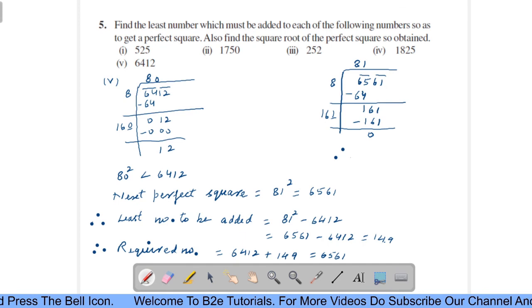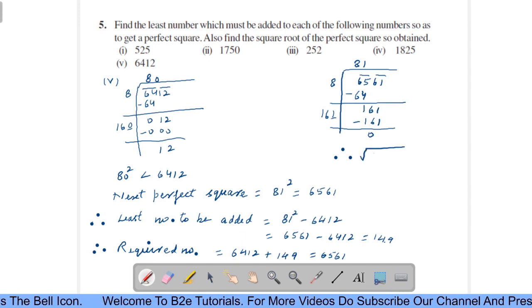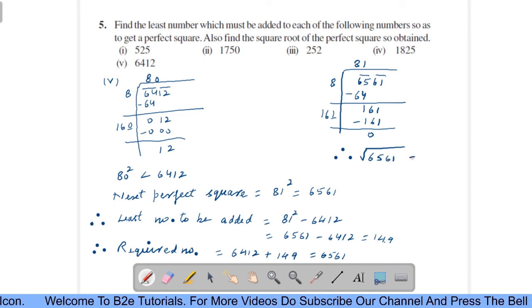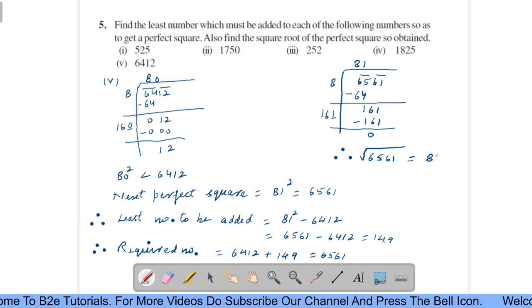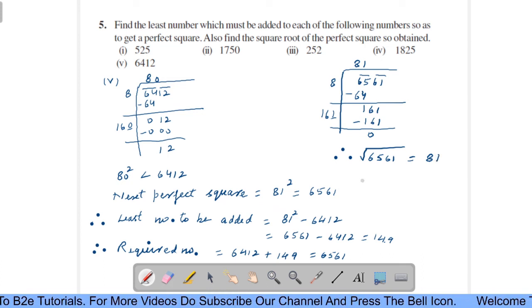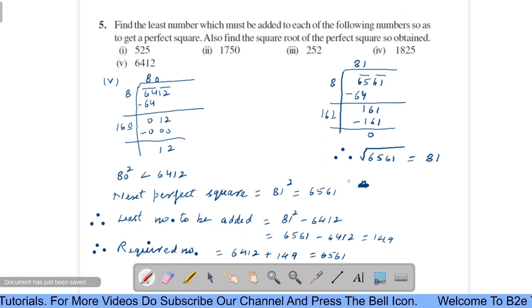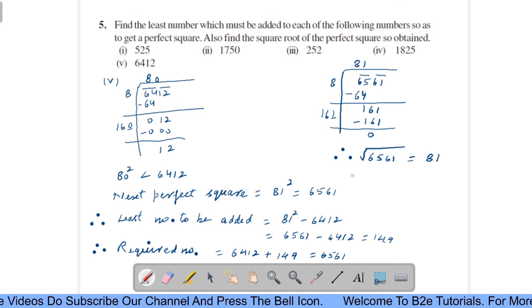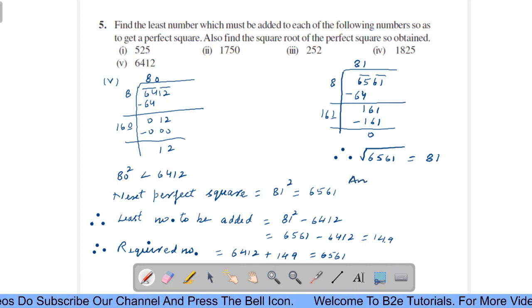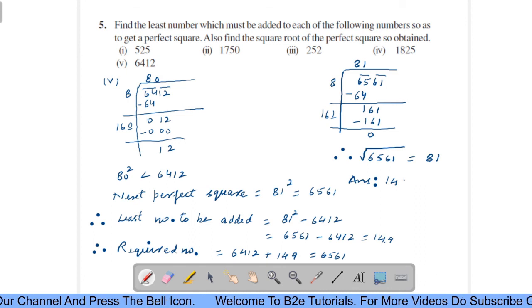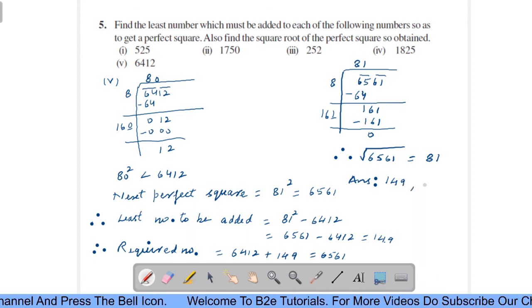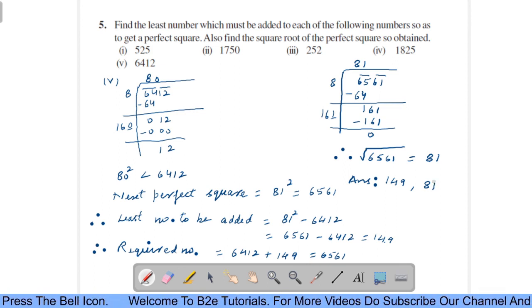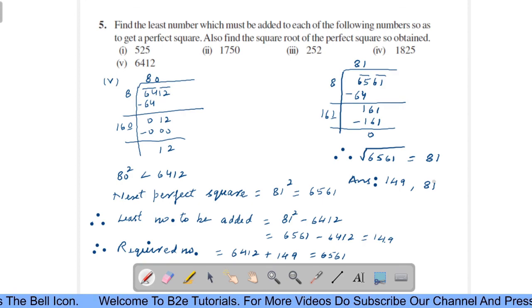Therefore, the square root of 6561 equal to 81. Therefore, your answer is 149 and 81. Come to next question.